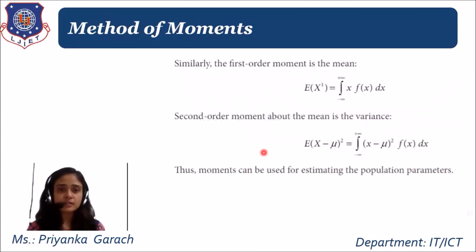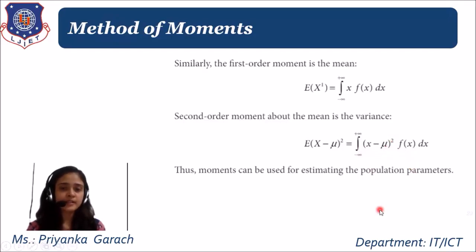The next one, the first order moment, is the mean. Always the first order moment is the mean. Instead of n, put the value 1, so you will get x into f of x dx. For the second order moment, put n equal to 2, so you will get E of x minus mu the whole square equals the integral of x minus mu the whole square into f of x dx.